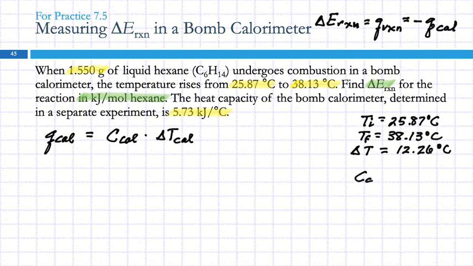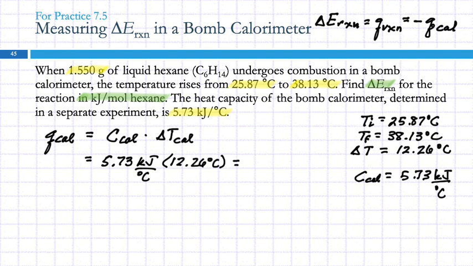They gave me the heat capacity for the calorimeter. This has units of kilojoules per degree Celsius. Specific heat capacities have joules per gram degree Celsius. So I've got my two values there that I need, so I can calculate Q for the calorimeter. So 5.73 kilojoules per degree Celsius times 12.26 degrees Celsius.